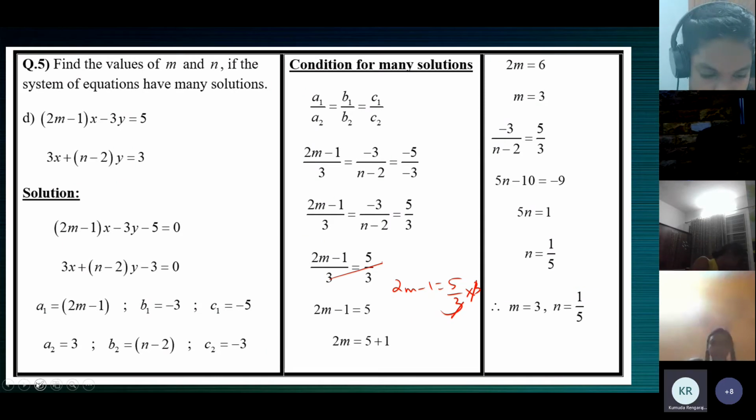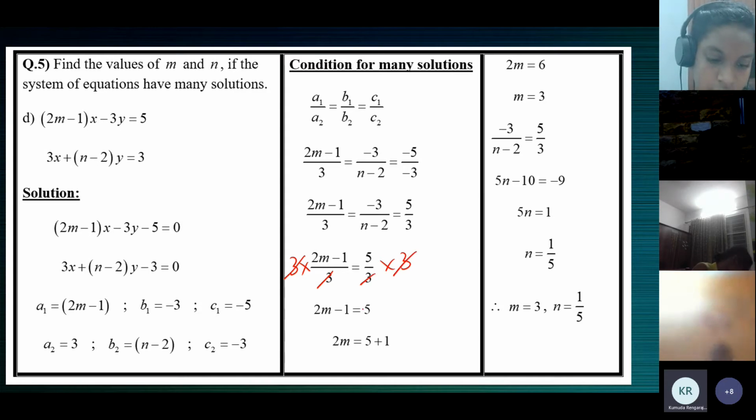Or you can understand it like this: we are multiplying both the sides by 3, so the 3s cancel on both sides and you have 2m minus 1 is equal to 5. The simplest thing is that in the denominator, 3 gets cancelled. Or you can even cross multiply, you will get the same answer.